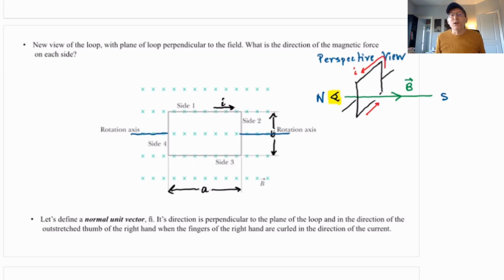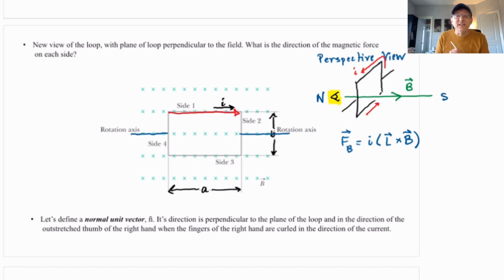All right, so I want to look at that some more. And I want to draw the magnetic force vectors on the four sides. Okay? So I remind you that the physics for calculating the magnetic force on a current carrying wire, if it's a straight wire in a uniform magnetic field, important restrictions, is I times L cross B. So for example, for the top side, side 1, there's the L vector.